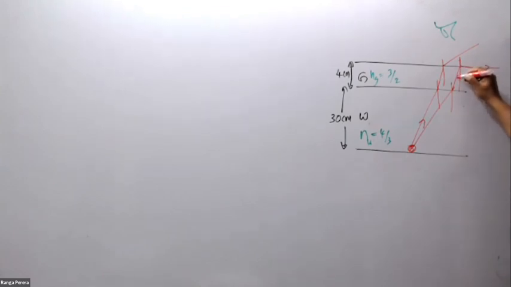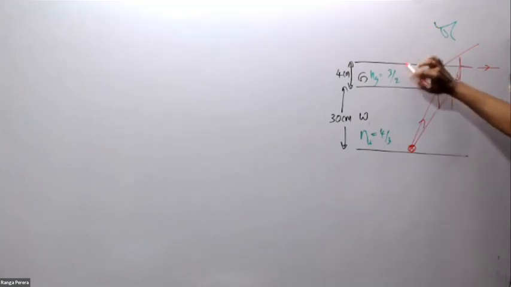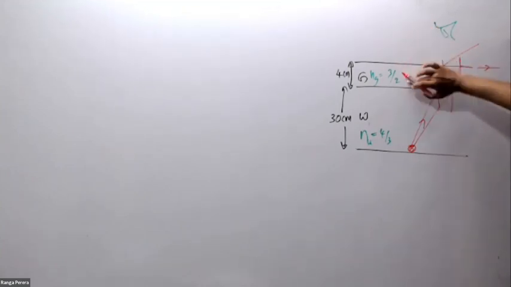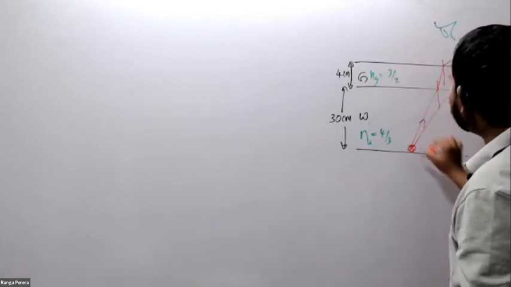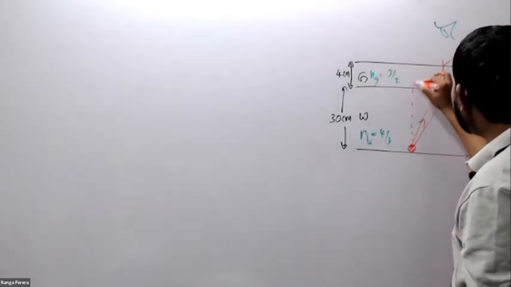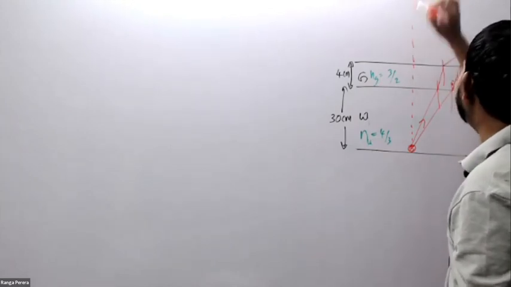It might be the critical angle here, because air is a rare medium compared with glass, so there is always a deviation, it bends away from the normal. In a situation like this, it can be 90 degrees, which means it is the critical angle. If it is a critical angle, this must be the critical angle. If you consider the other direction also, we get the same thing.